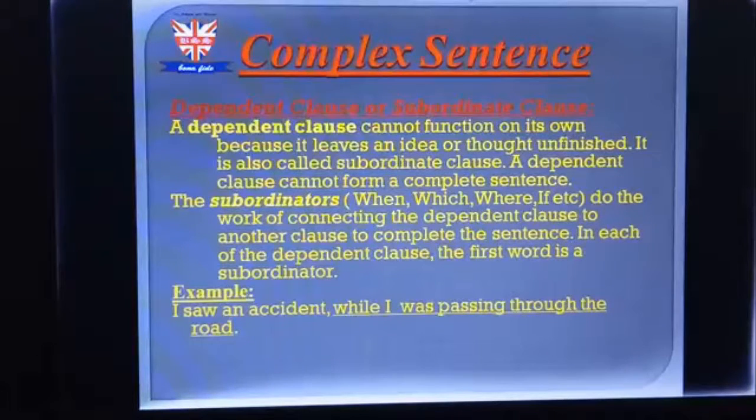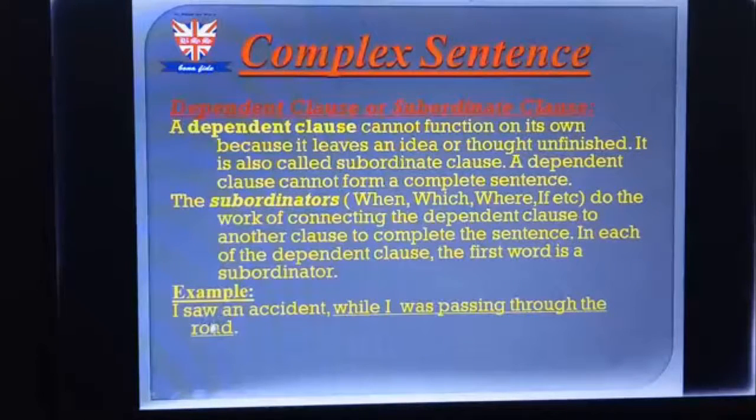That means it depends on something more, just like some part of the sentence is left. So how can we identify that it is dependent? From the subordinators: when, which, while, where, if. All these are subordinators. If you see one at the beginning of the clause, that will be a dependent clause.